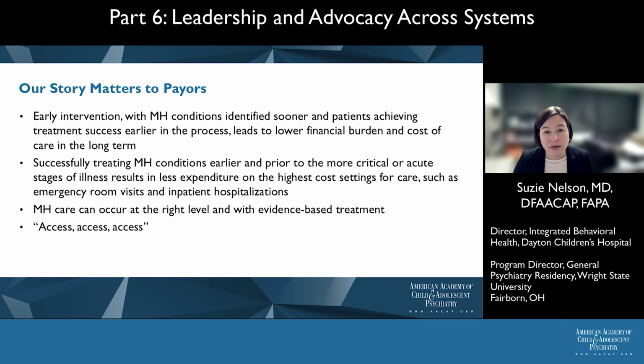Now, these frontline, more direct relationships that we have with patients, families, and our pediatric primary care clinicians and the staff that support pediatric primary care centers are obvious sources at which our story about collaborative care matters to others. But there are definitely less direct, and what feels to some people like more peripheral, parties that also have a stake in being able to improve access to mental health care for children and families.